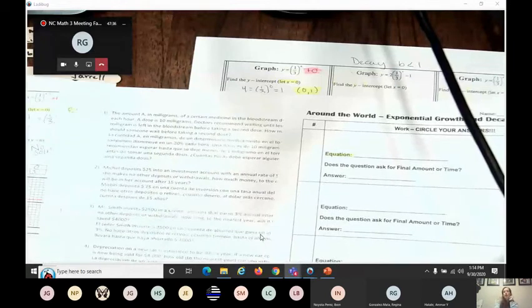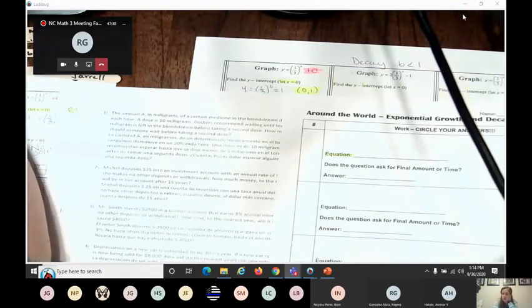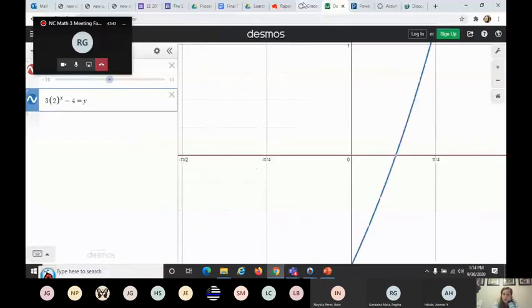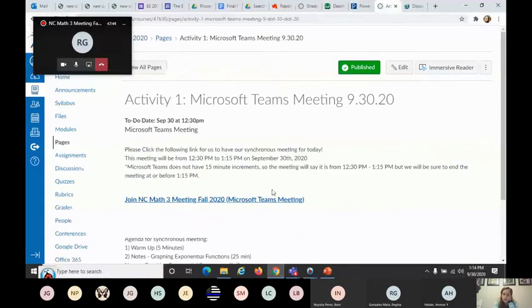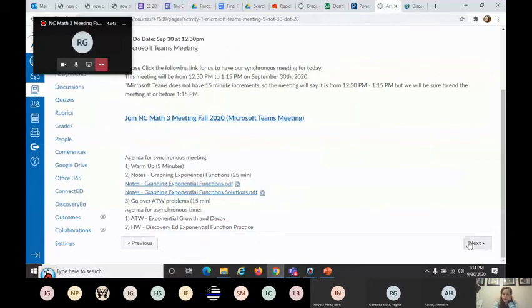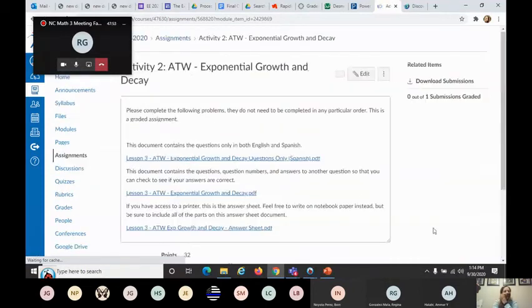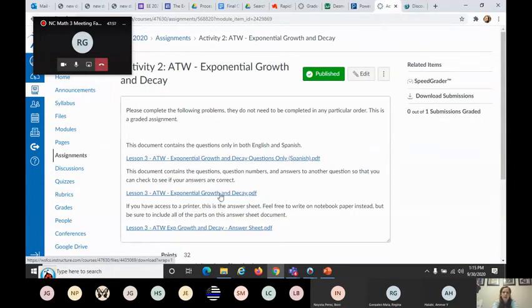If you want to check your answers, let me show you the page. On Canvas, we go to our around the world for exponential growth and decay. If you look at this file right here, it has the correct question numbers.